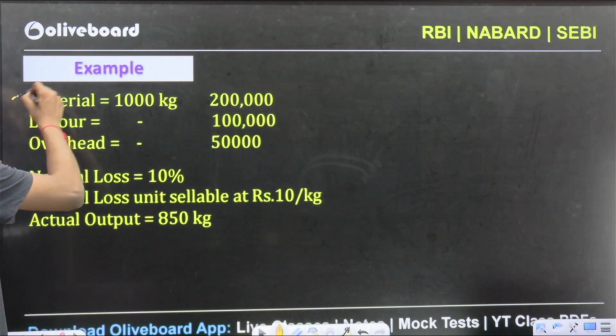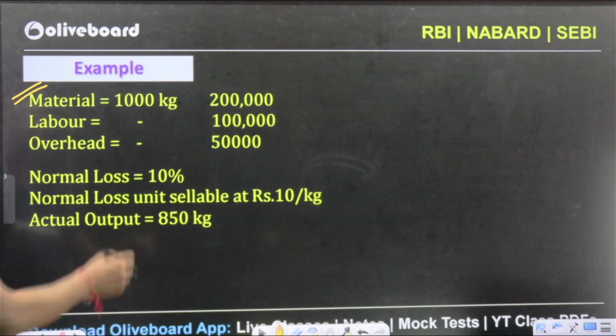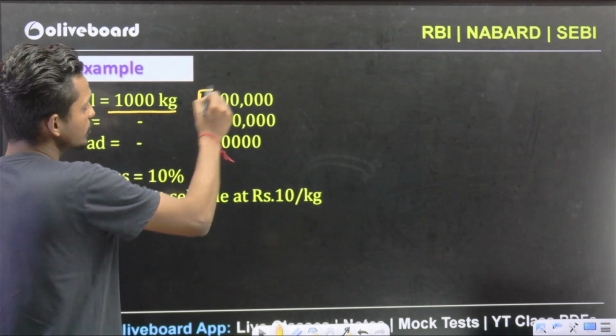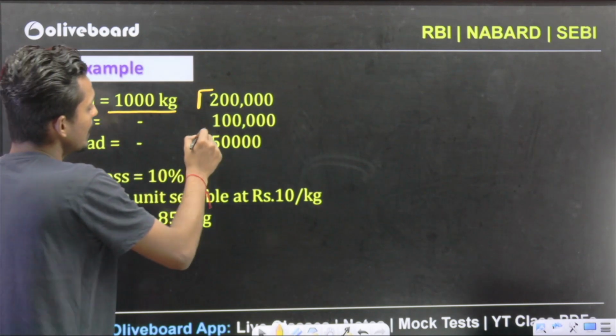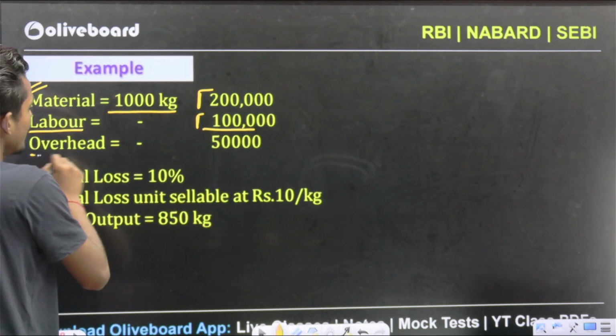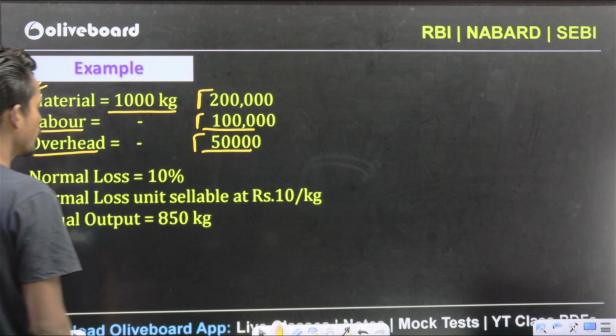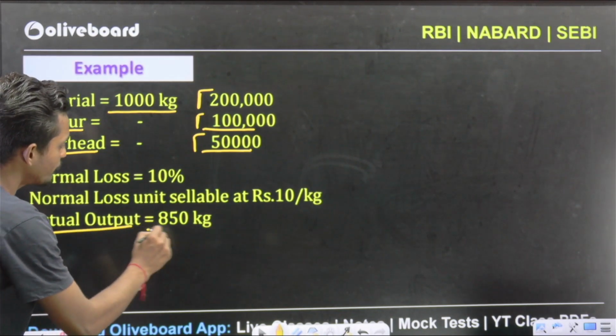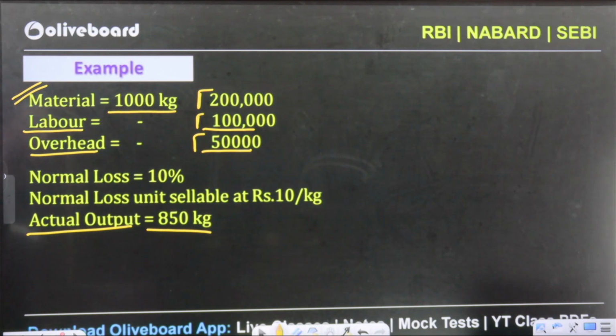Now you can take the example. I have introduced 1000 kg of material, for which I have incurred 2 lakh rupees of cost. In the same way, I have 1 lakh rupees of labor and 50,000 of overhead. Now you can see the actual output of 850 kg, and we have a normal loss of 10%.